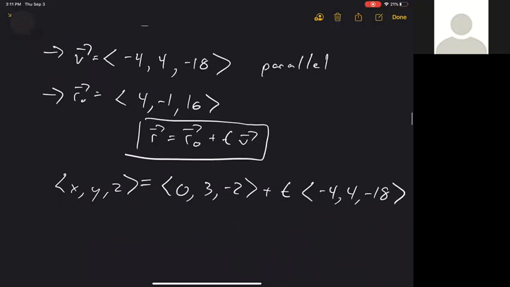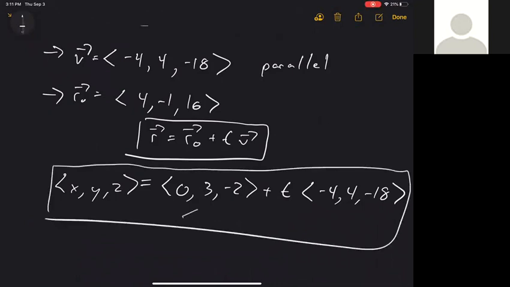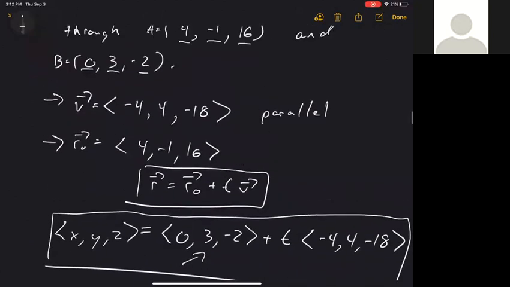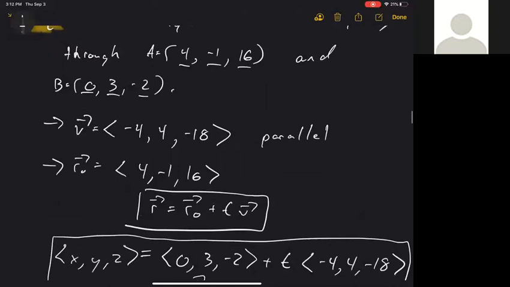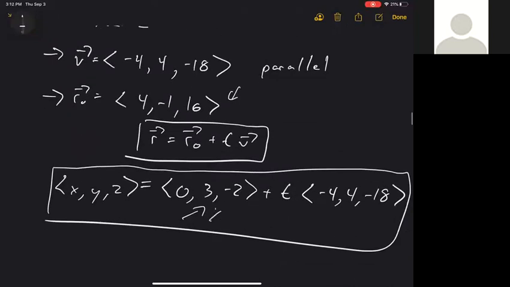Or if you prefer, you could just write it like this: (x, y, z) equals the vector you're using. In this one we used A. In this case, I'm using B. You could just write your equation out by components.